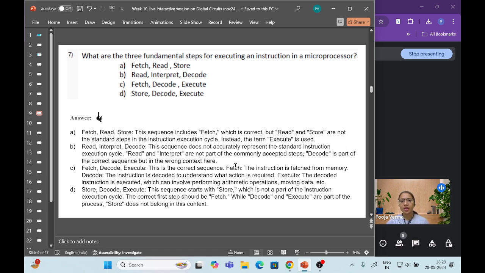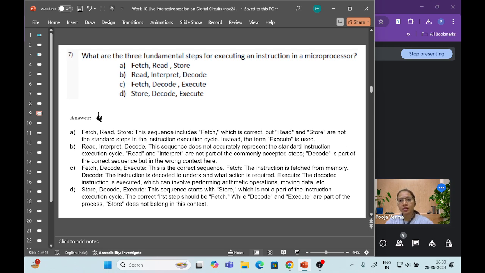The three fundamental steps for executing an instruction in a microprocessor are fetch, decode and execute, and all other options are not in the correct sequence. For an instruction, we first fetch the instruction, then decode it, then execute it.